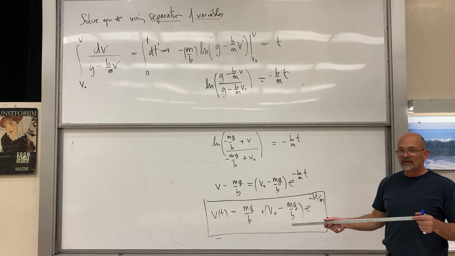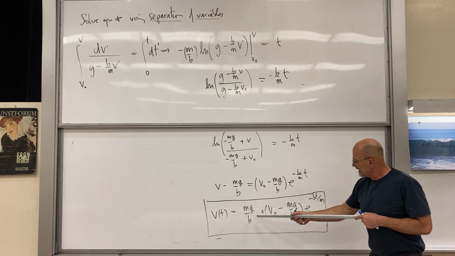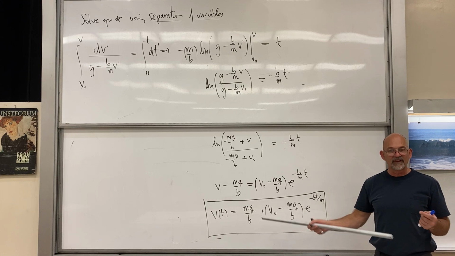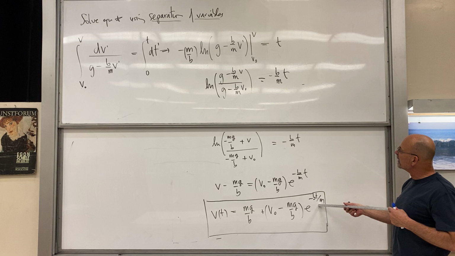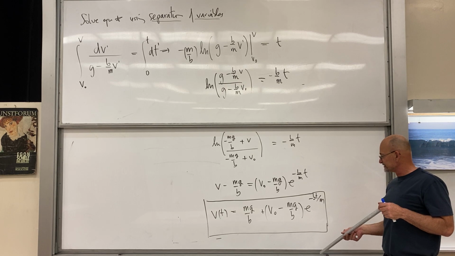One thing you can see if you just look at your t equals 0 initial condition, this turns into a 1, these two cancel, v equals v0, so you've got the initial condition here. You could take the derivative and you'll get the original differential equation.